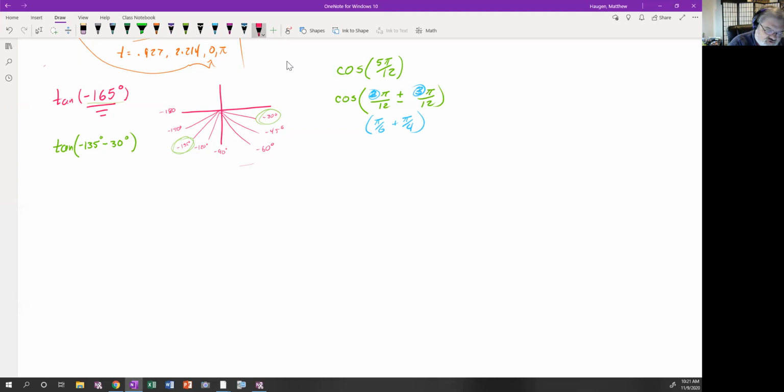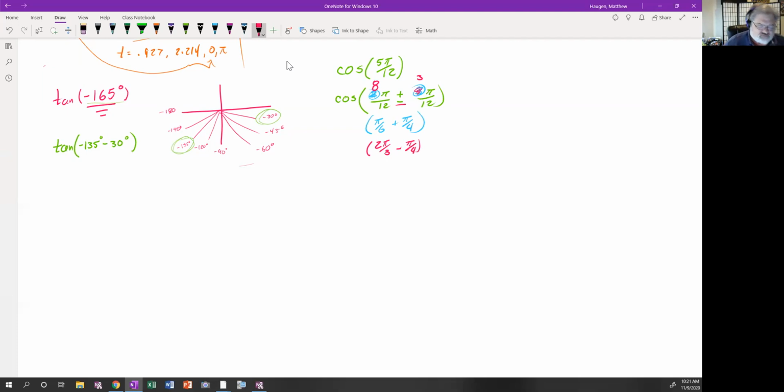We could use, say, 8 pi over 12 and 3 pi over 12 and use the subtraction. So that would be what? Divide those by 2 or divided by 4. Divided by 4. So that would be 2 pi over 3 minus pi over 4.